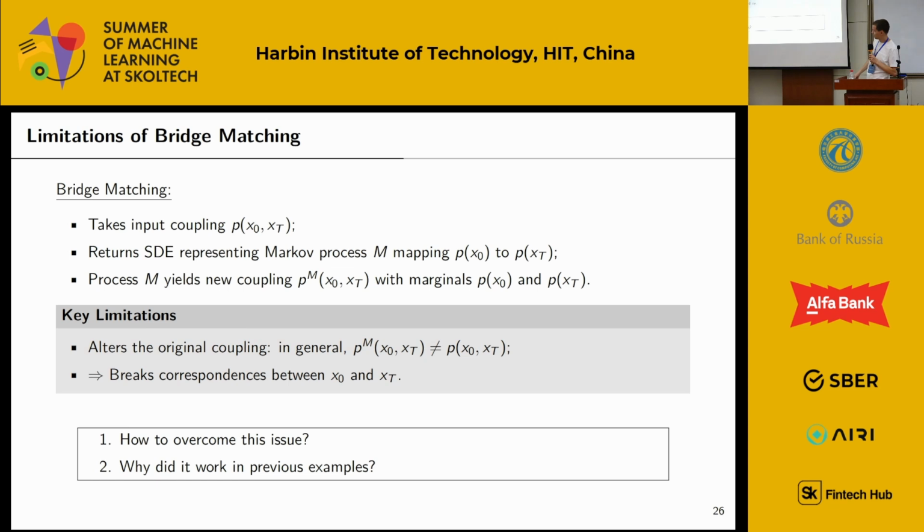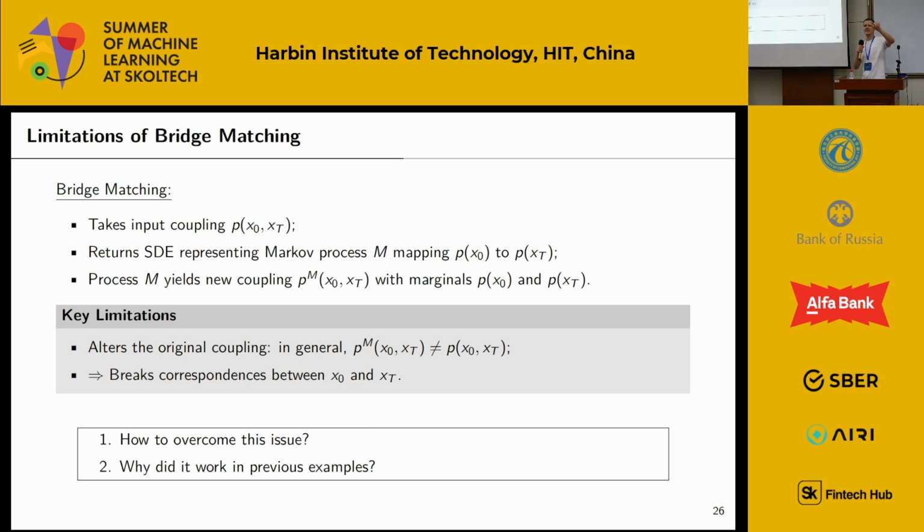Okay, but one important aspect which you probably missed. You see that this approach as input takes some input coupling, so basically some pairs of data, right?